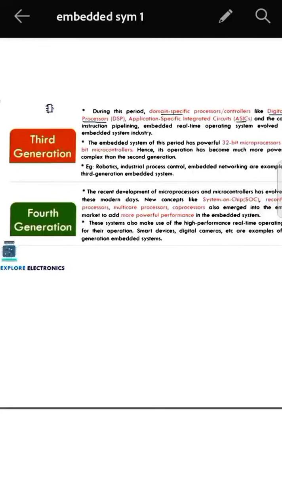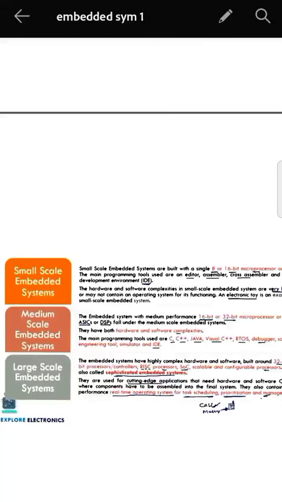Next, go for the next classification, that is based on the complexity of the embedded system. The first one is small scale embedded system. Small scale embedded system means it is less complex compared to the other ones. Small scale embedded systems are built with a single 8 or 16-bit processor or controller.